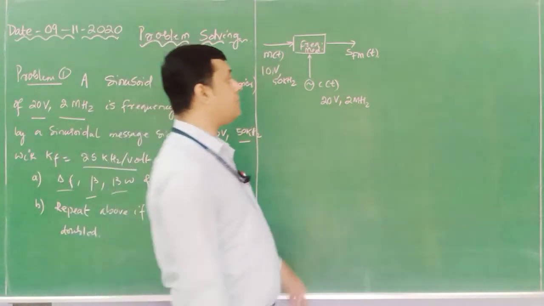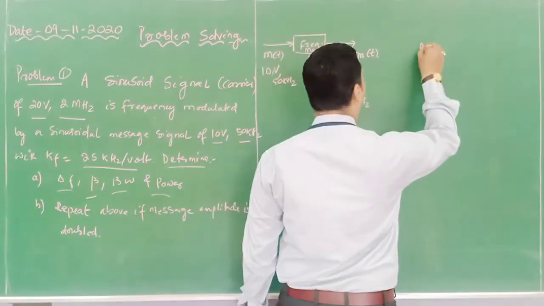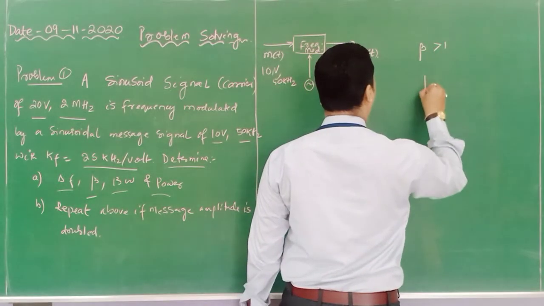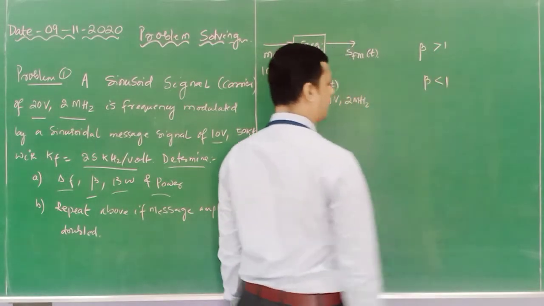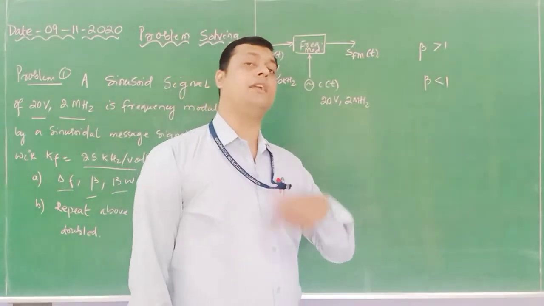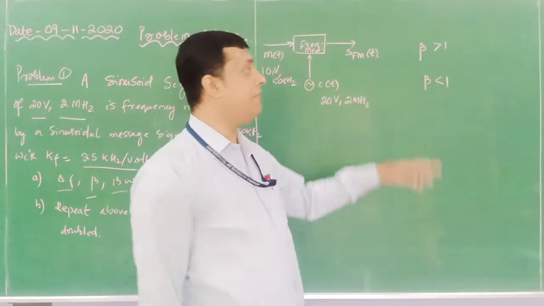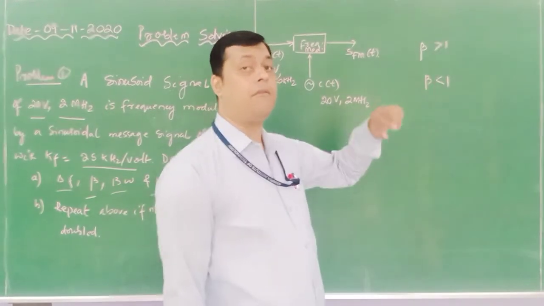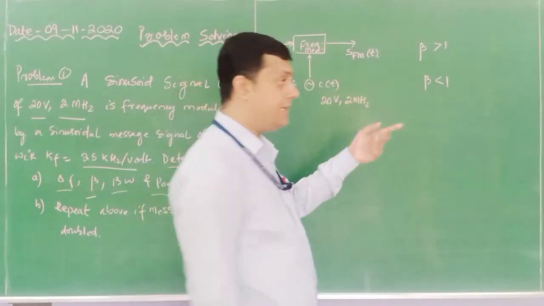Now here, first of all, we have to check whether our beta value is greater than 1 or less than 1. If it is greater than 1, the power depends only on the carrier component. But if it is less than 1, that means your power will depend upon your modulation index.